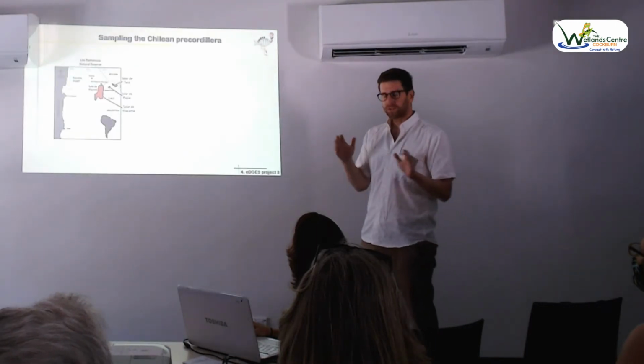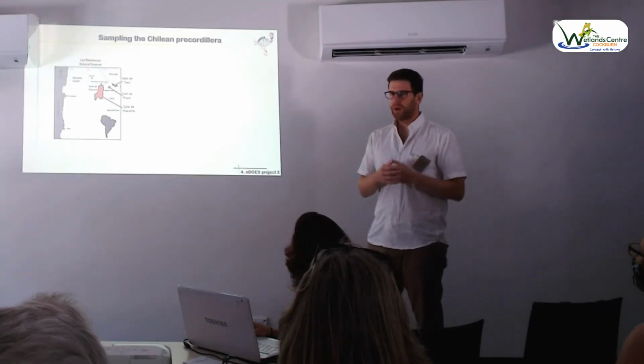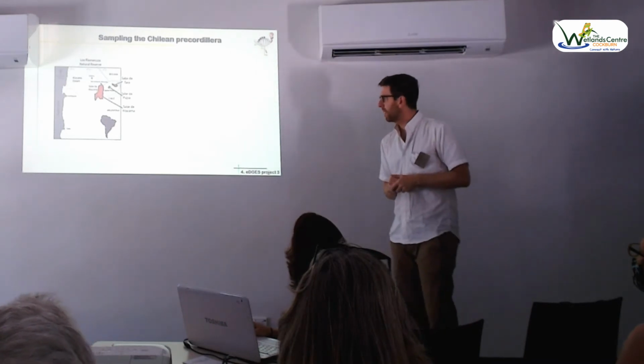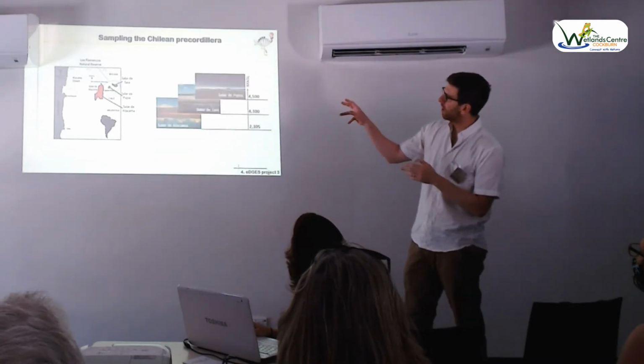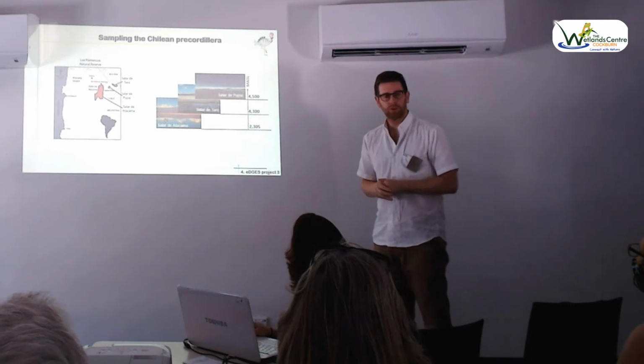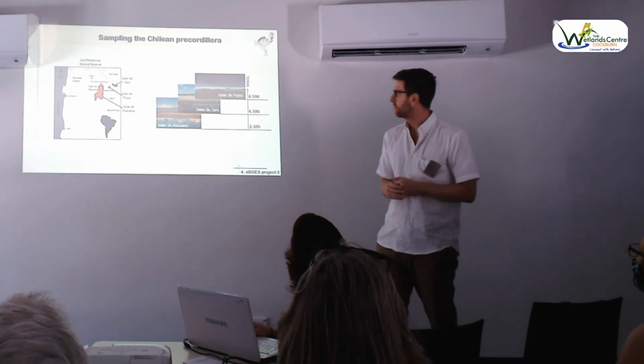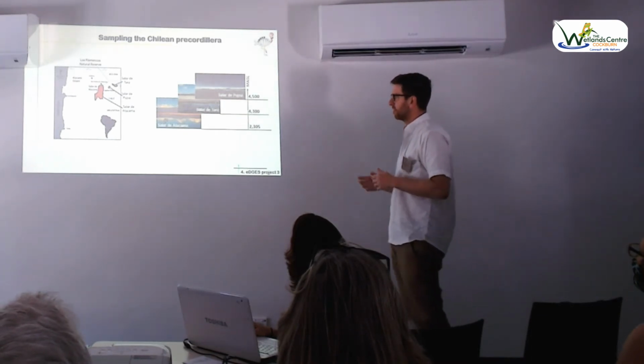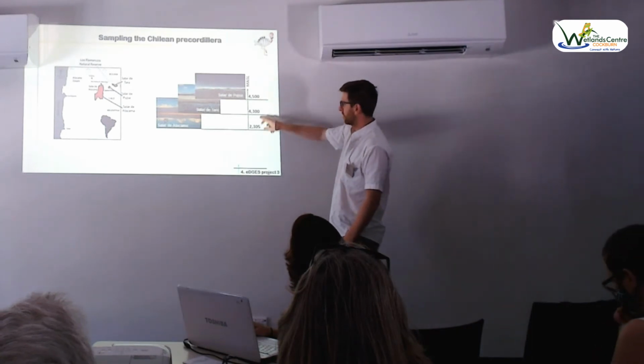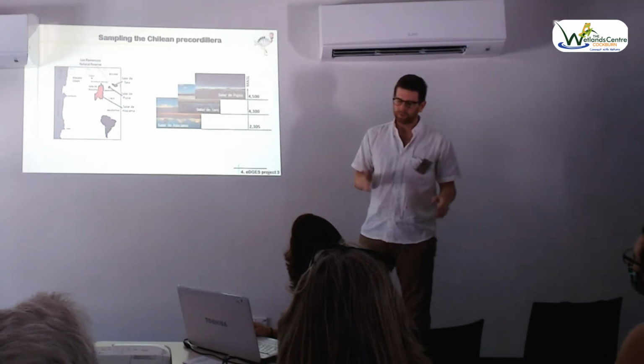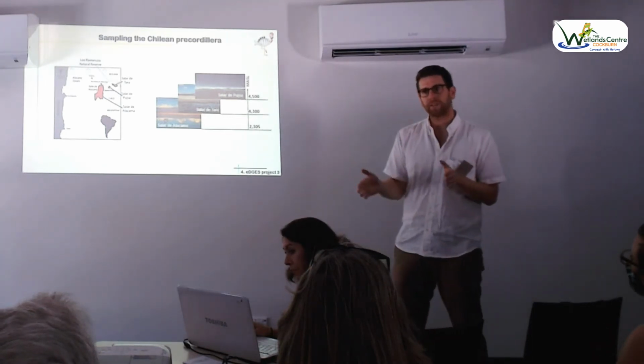Now, we'll be targeting 3 lakes. You might know one of them, Atacama, and we pick them in the area of the Flamenco's Natural Reserve, which is a Ramsar site. The nice thing about this sampling design is that it provides us with an altitudinal gradient, so we'll be able to detect spatial patterns.